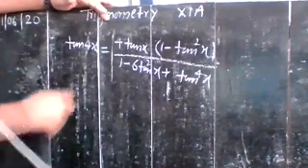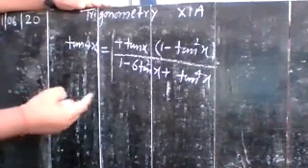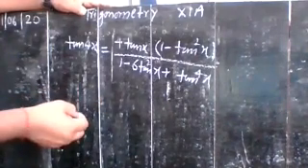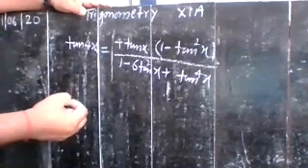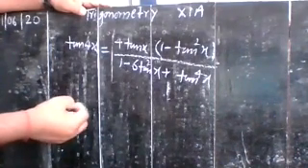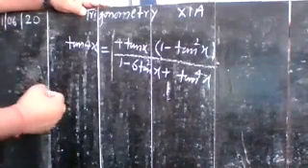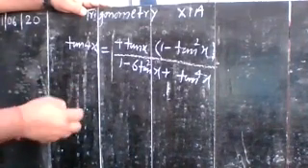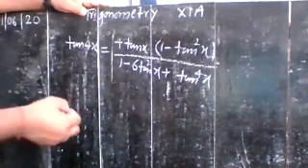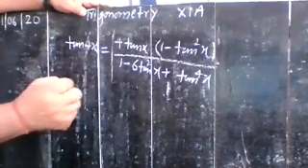What you do here, you apply on the left side the identity of tan 2x. Tan 2x is equal to 2 tan x upon 1 minus tan square x. You know it. So if you have 4x, you write 2x, half the angle.